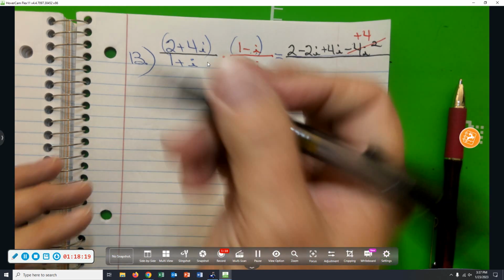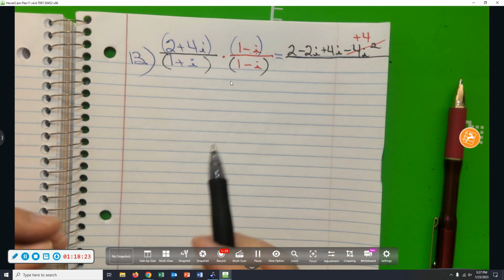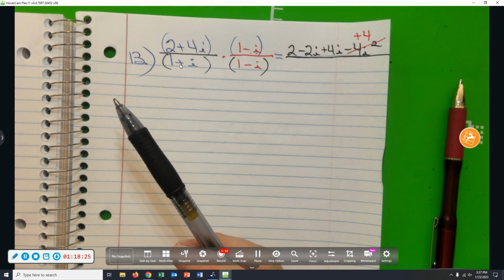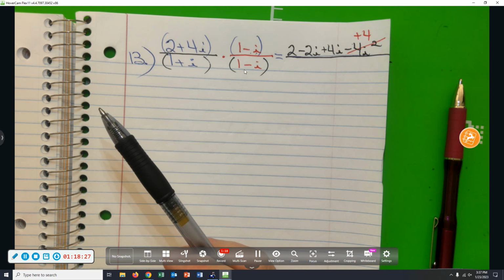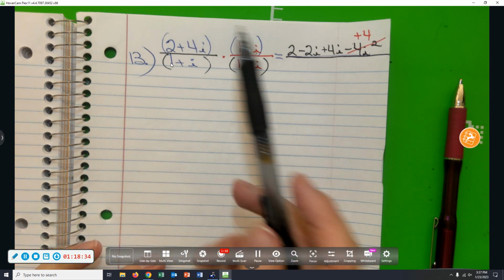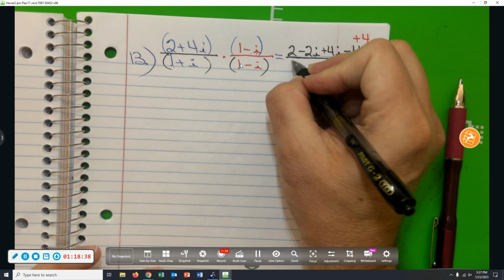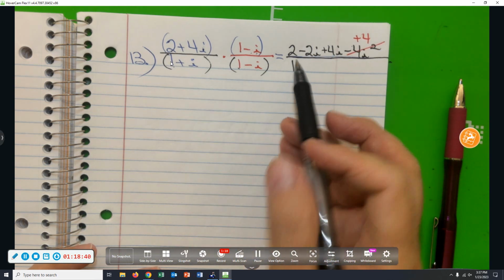1 plus i times 1 minus i. Let's FOIL that out. Keep in mind, everything containing i should cancel out. When we multiply 1 plus i times 1 minus i, what do we better not get? An i. The i's better subtract out. Here goes. First, 1 times 1 is 1.